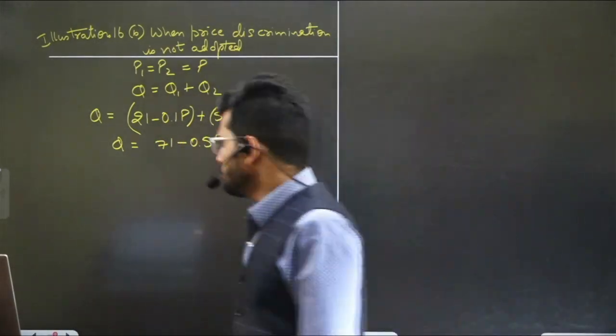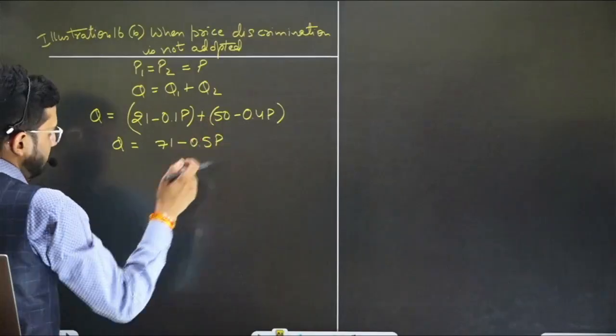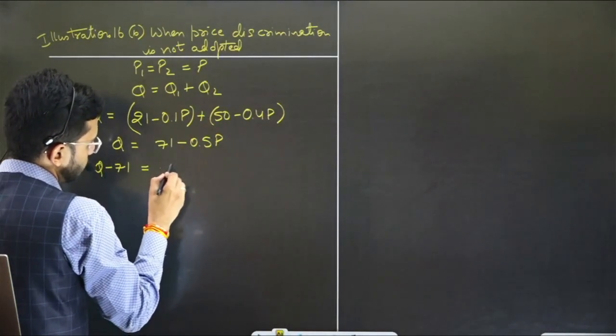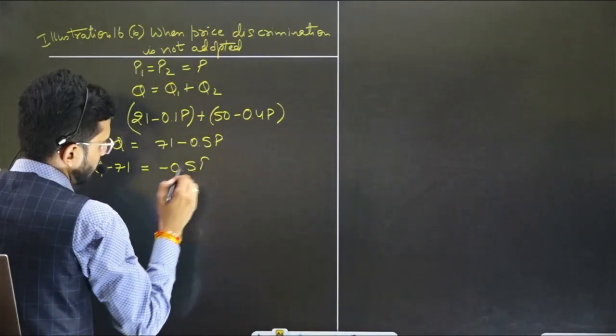Now we will compute the P from here. So Q minus 71 is equal to minus 0.5P.